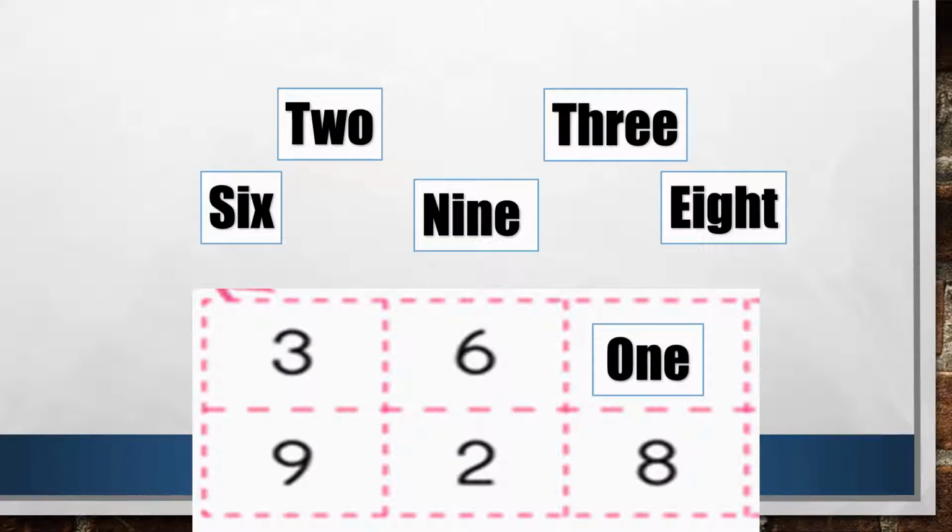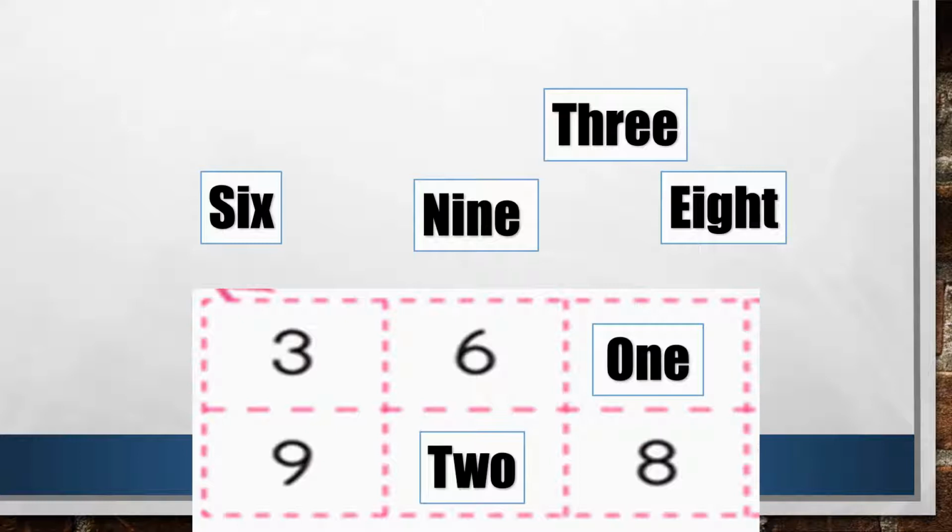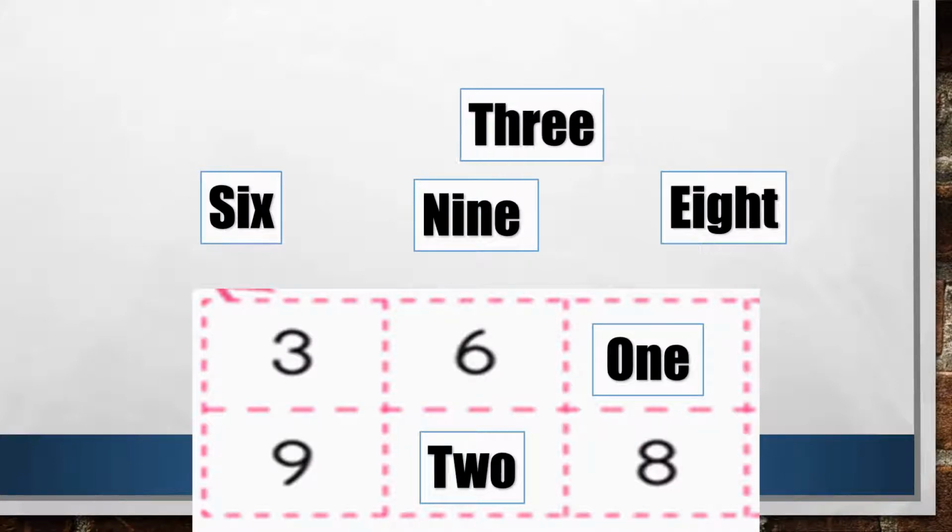TWO 2 goes to the block of 2 digit. THREE 3 goes to the block of 3 digit.